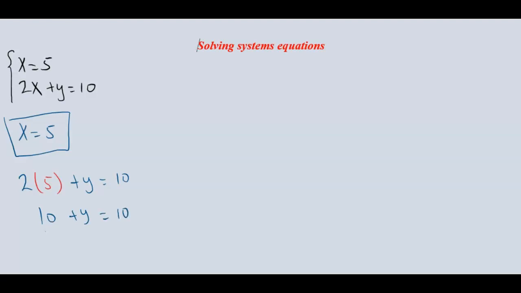And we subtract 10 on both sides. Then 10 minus 10 is 0. So we're going to have y equal 0. So the solution here is 5 and 0.